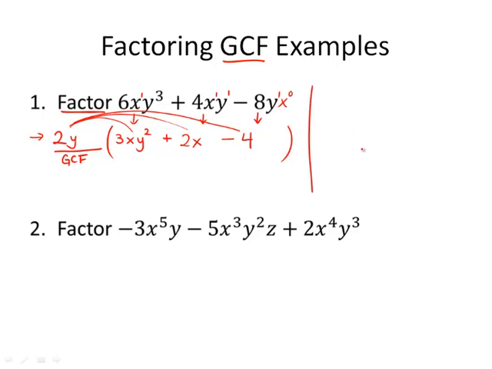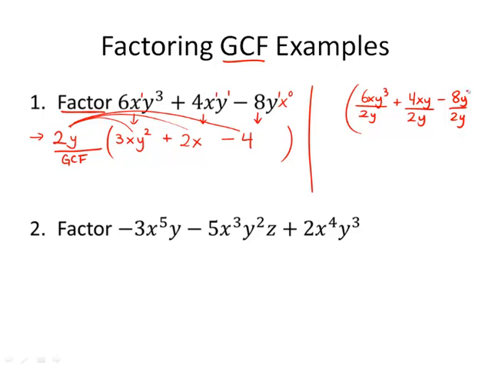I want to offer you an alternate route here. If you're having troubles with this step of figuring out what you would multiply by, you could think, well, the same thing as asking what times 2y gives us 6xy cubed would be to say 6xy cubed divided by 2y. So you could take every single one of these and divide each one by 2y.